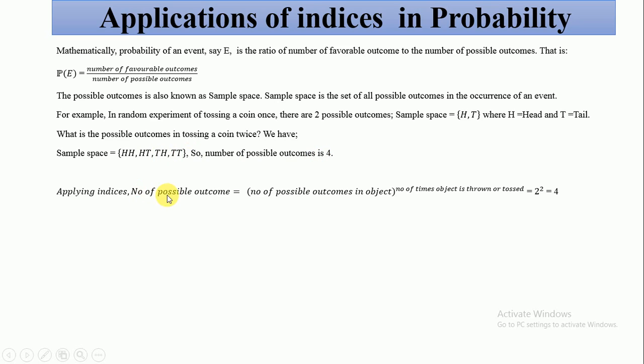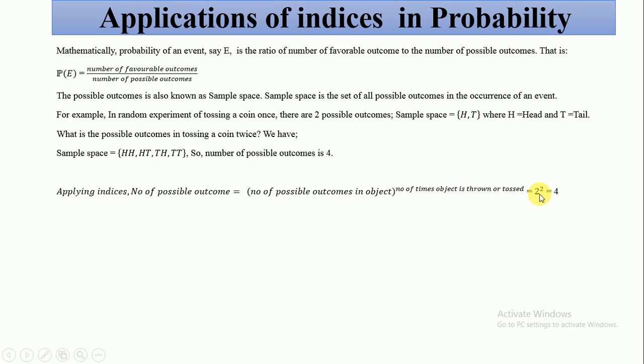By the knowledge of indices, we can get this done without stating out the members of the sample space. The formula is: the number of possible outcomes equals the number of possible outcomes of the object, where by object we mean either a coin, die, card, anything you can think of, raised to the power of the number of times the object is thrown or tossed.